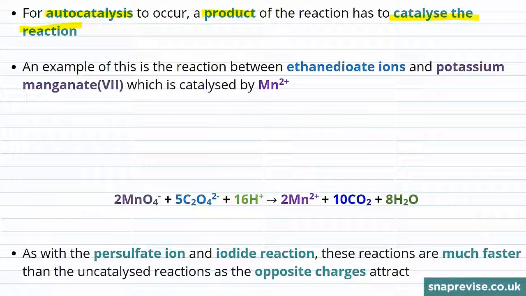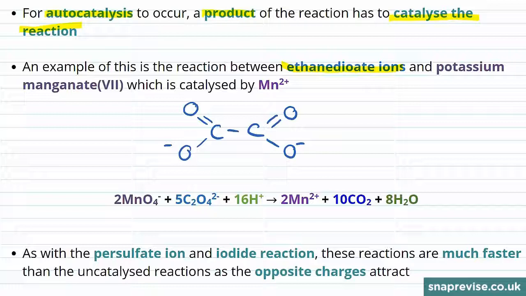One of the best ways to see how this works is to go through the example of ethanedioate ions, which look like this, and are closely related to ethanedioic acid, but it's lost the H+ ions. These will react with potassium manganate(VII), and the reaction is catalyzed by Mn2+, which is produced as a product.